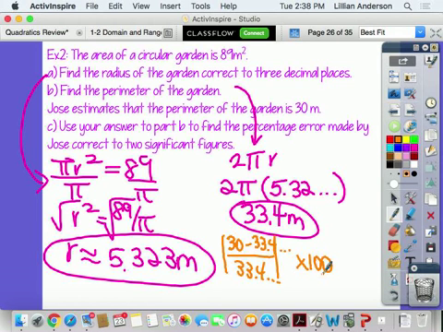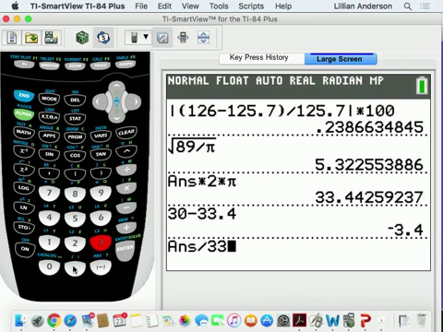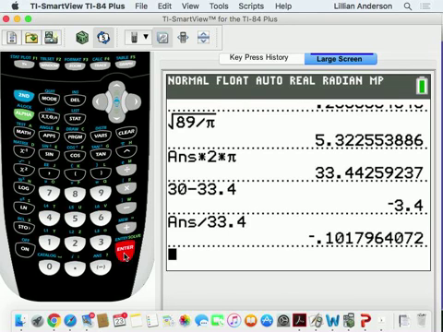What did you guys get when you did that? Did you use the rounded? Yeah. Okay, so then it is going to make a difference. So let's do the checkers real quick. See. 30 minus 33.4. Okay, I know it's the absolute value of that, so I know it's going to be positive.